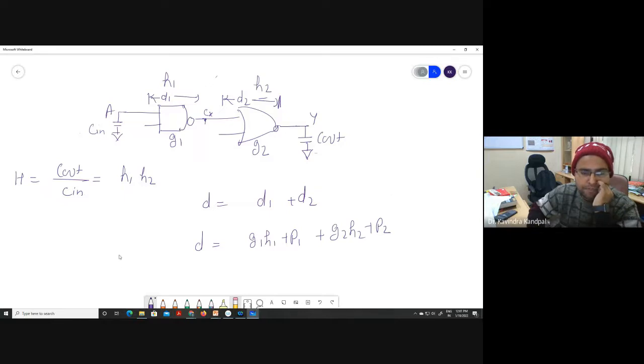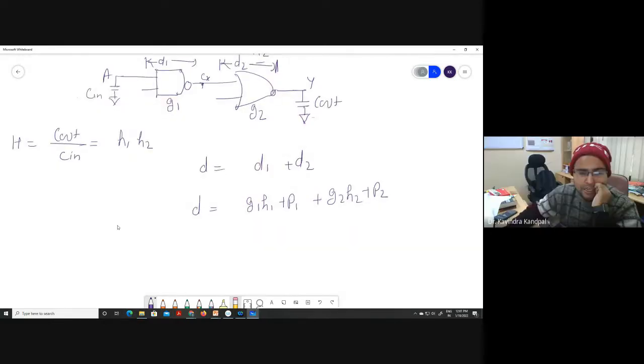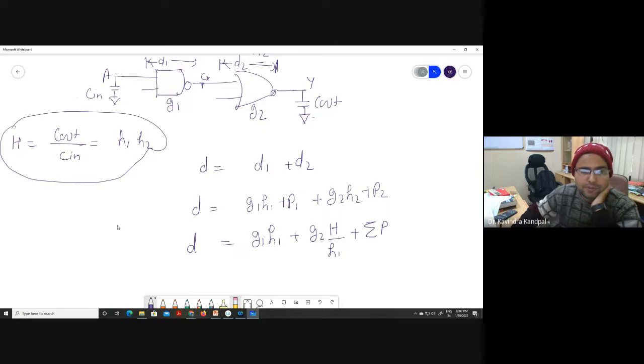Can I rewrite this expression as G1 H1 plus G2 capital H divided by H1 plus sigma of parasitic delay, where sigma P is P1 plus P2? Can I say H2 is nothing but H divided by H1, because I know H is constant, C out by C in.